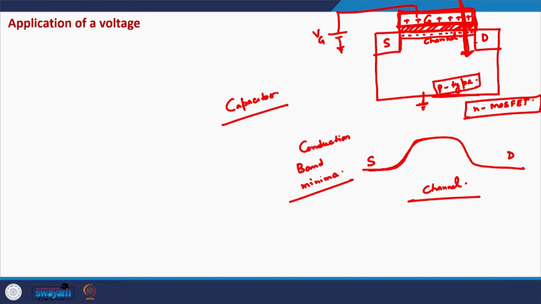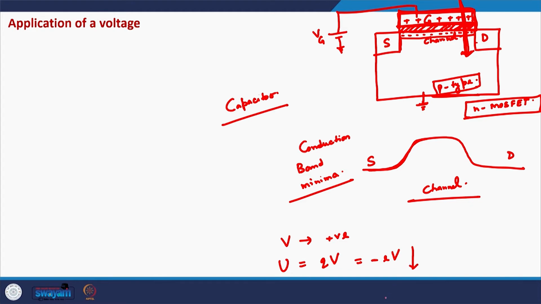If this V is positive, then the electron potential energy, which is given as Q times V, and Q is minus E in the case of electrons, so U is minus E times V. When V is positive, this U will be negative.